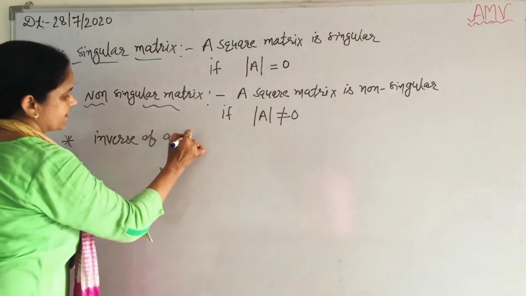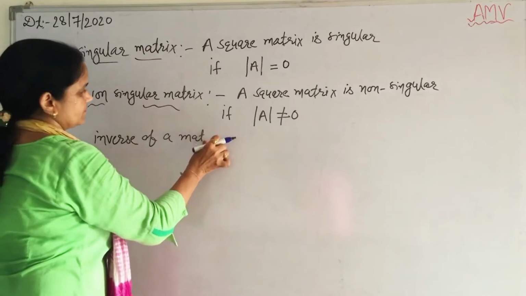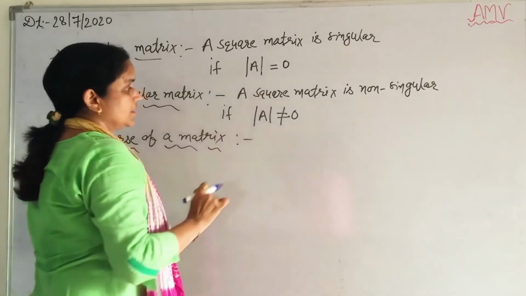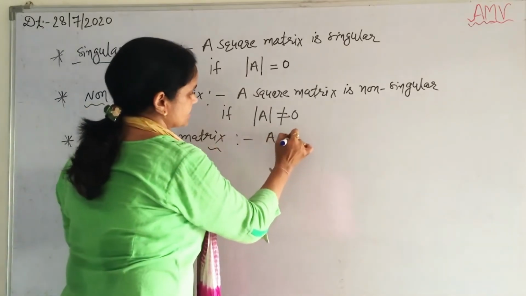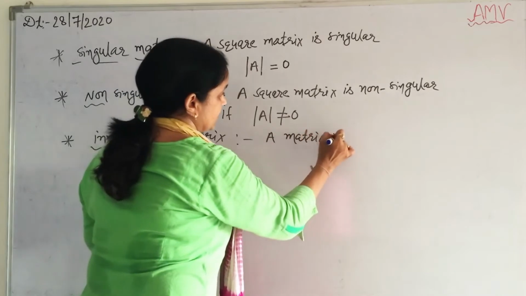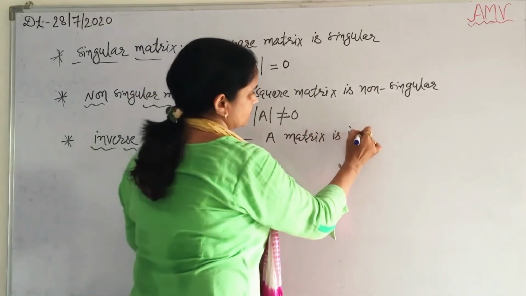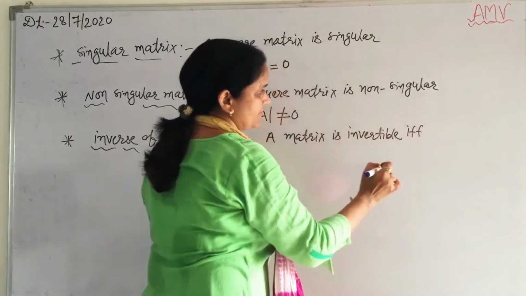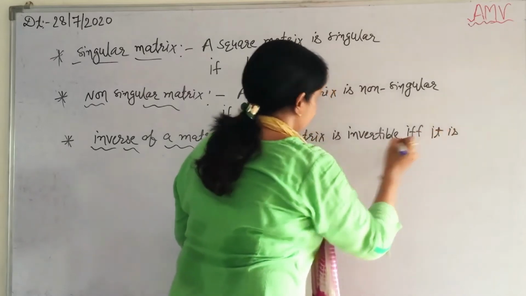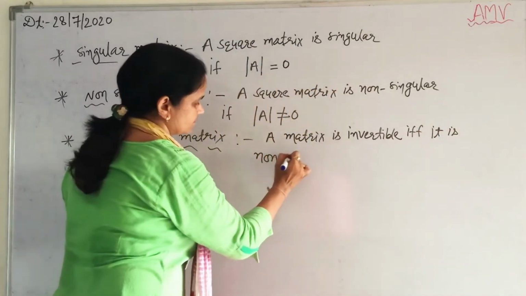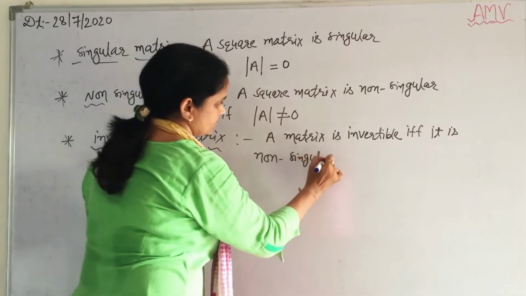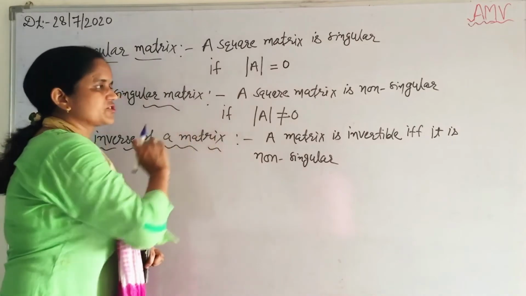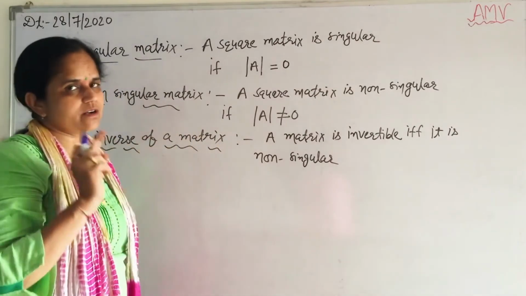And now, inverse of a matrix. A matrix is invertible if and only if it is non-singular. So first of all, to find the inverse, we have to check whether the matrix is singular or non-singular.